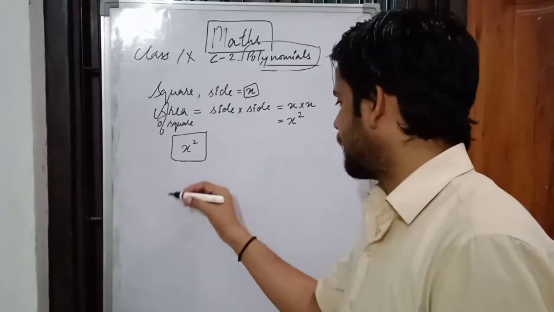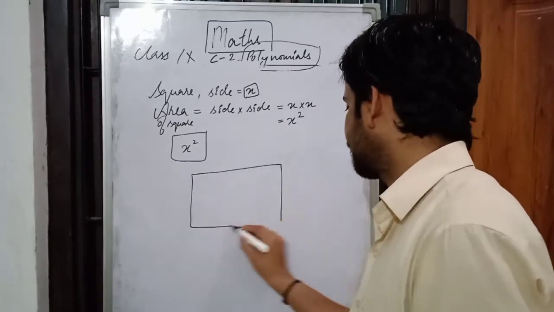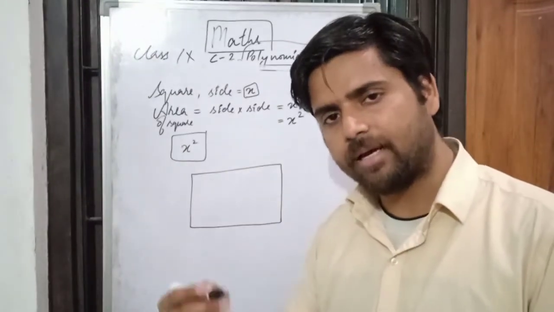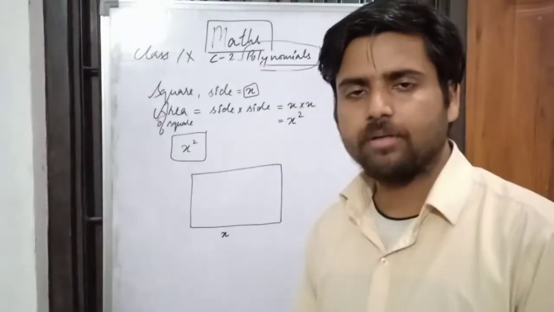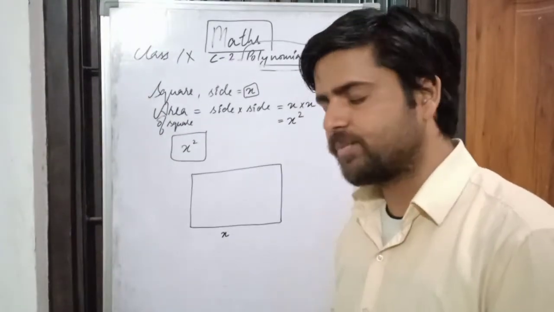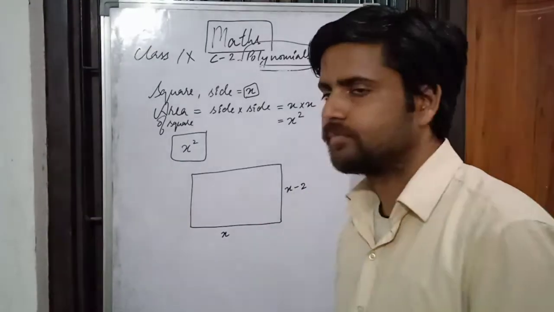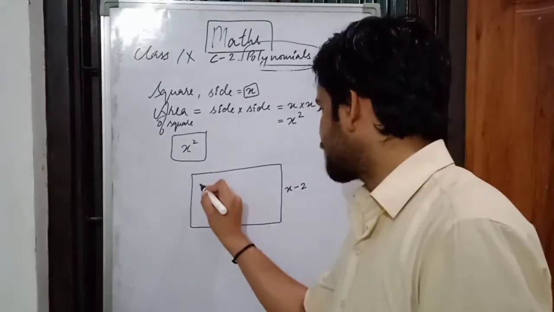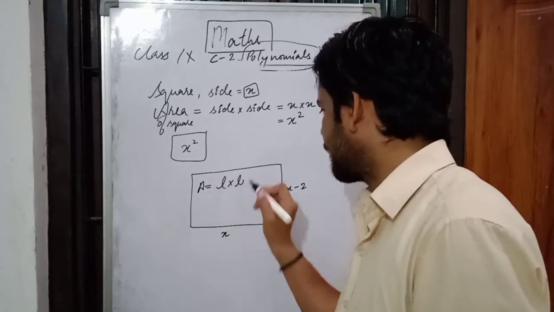Similarly, let's say I have a rectangle, the length of the rectangle I am assuming as x, and the breadth of the rectangle I am assuming as x minus 2. So the area of this rectangle, everybody must know, will be length into breadth.